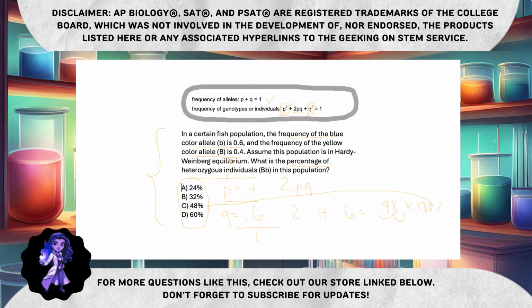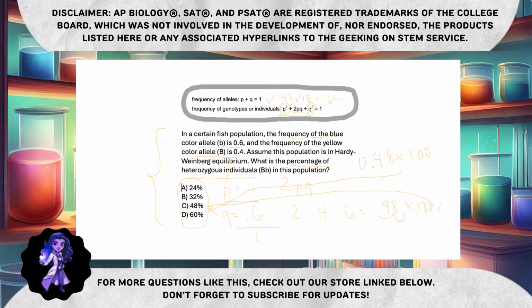If you want to go ahead and check, if you had time and now you're practicing, you can type in 0.48 times 100 and see that it gives you 48%, or the answer choice C. Now, if you wanted to really check your answer, you could type in 0.4 squared plus 0.48 plus Q squared, which is 0.6 squared.